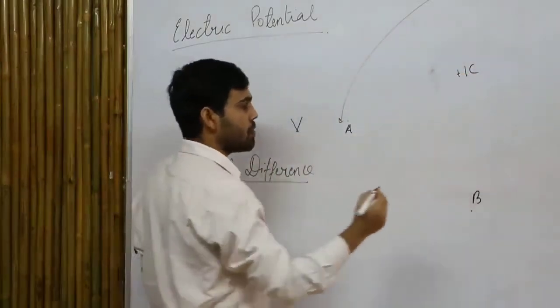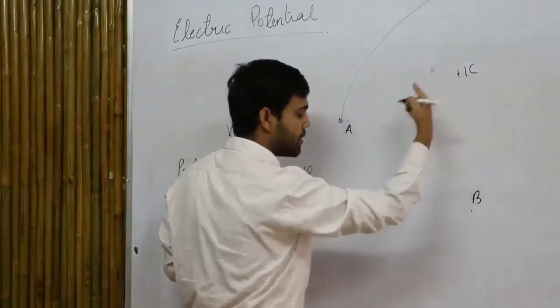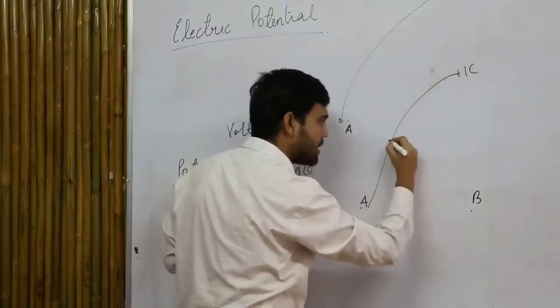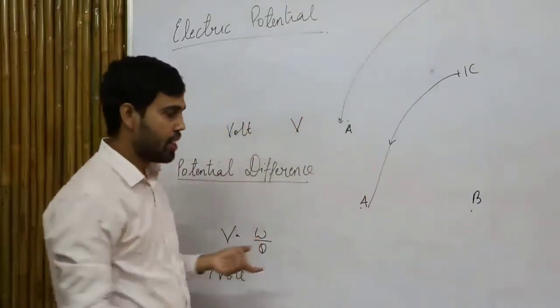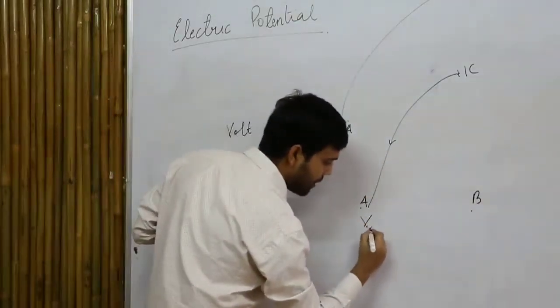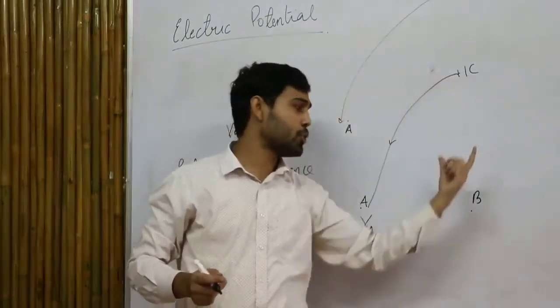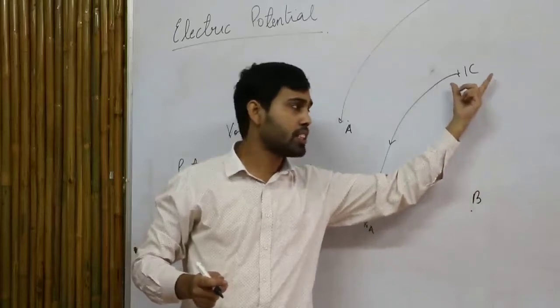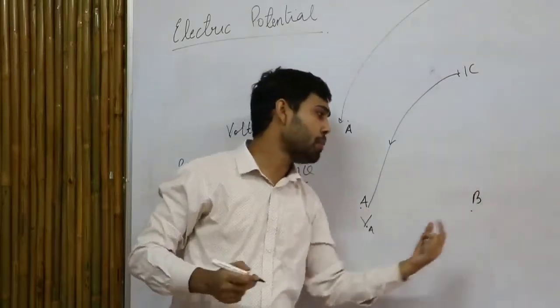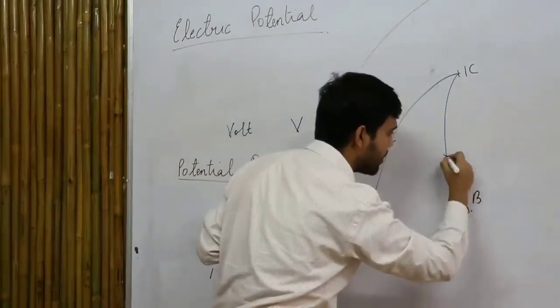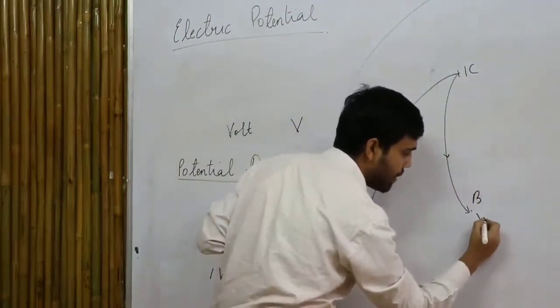Now the amount of work done to bring this unit positive charge to point A is the electric potential at point A. I am representing this by VA. And the amount of work done to bring the same unit positive charge from this point at infinity to point B, suppose I am representing the work done or the electric potential by VB.